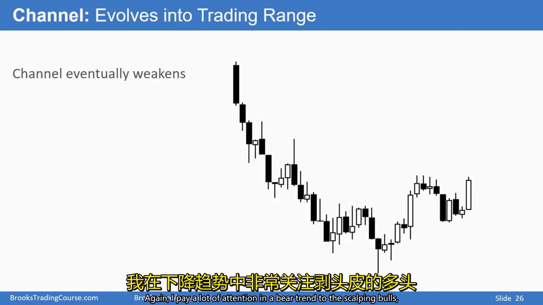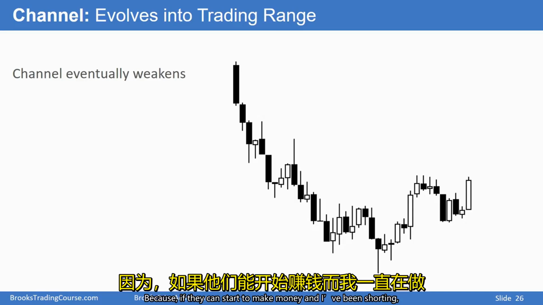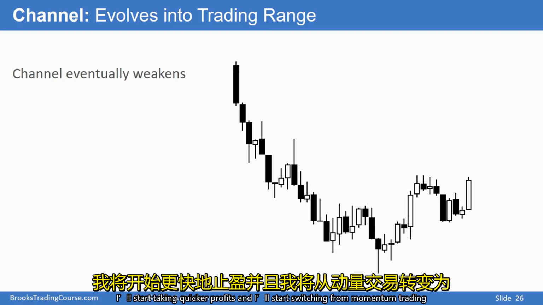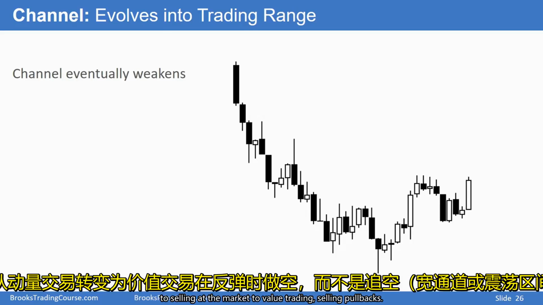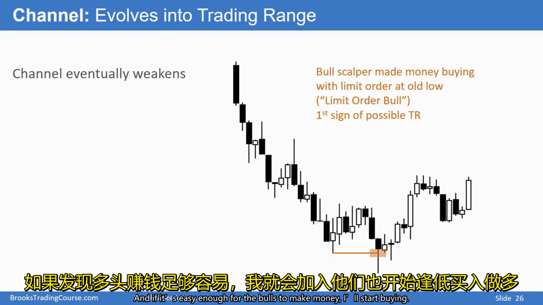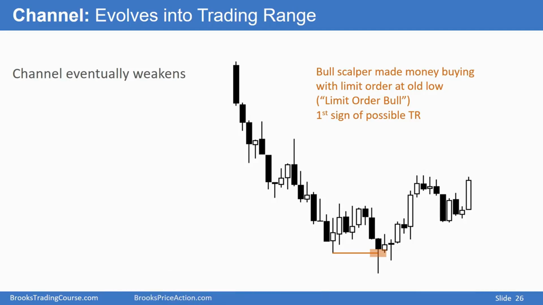Again, I pay a lot of attention in a bear trend to the scalping bulls, the limit order bulls, because if they can start to make money, and I've been shorting, I'm going to start to transition how I'm trading. I'll start taking quicker profits, and I'll start switching from momentum trading, just selling at the market, to value trading, selling pullbacks. And if it's easy enough for the bulls to make money, I'll start buying.